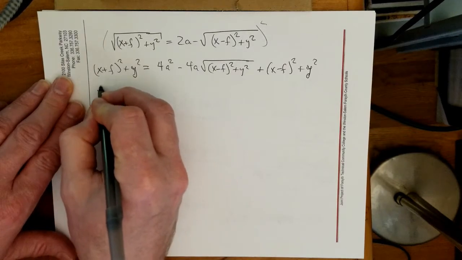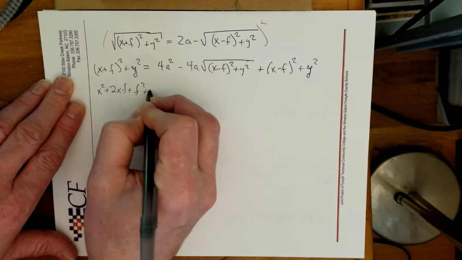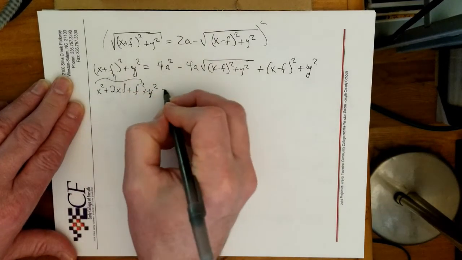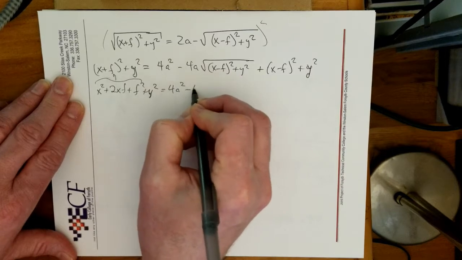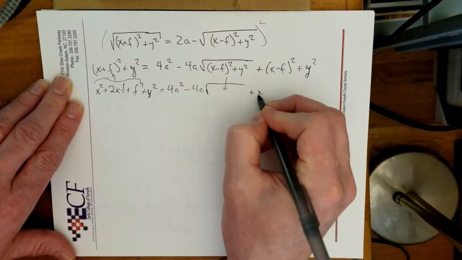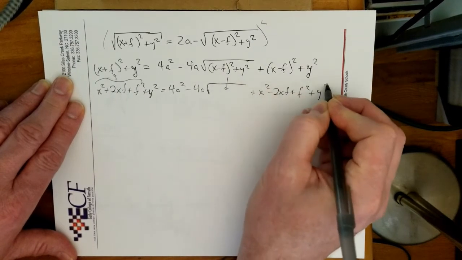Simplifying this down a little bit, this is X squared plus 2XF plus F squared plus Y squared, is equal to 4A squared minus 4A times the square root of all that, plus X squared minus 2XF plus F squared plus Y squared.